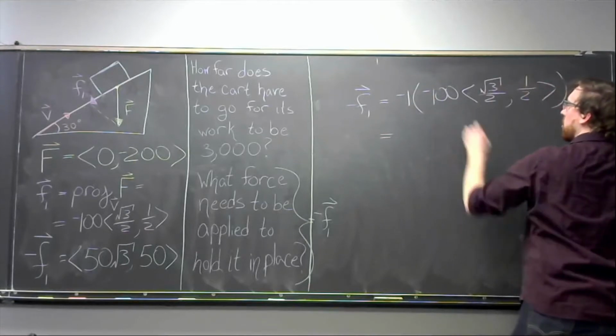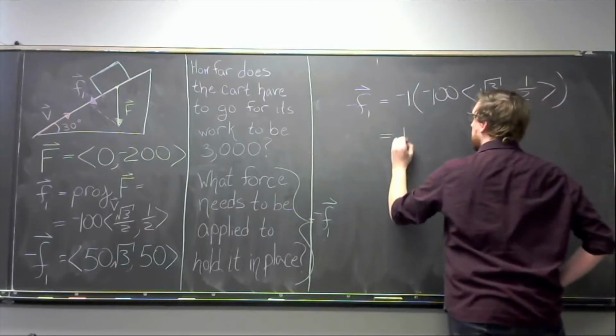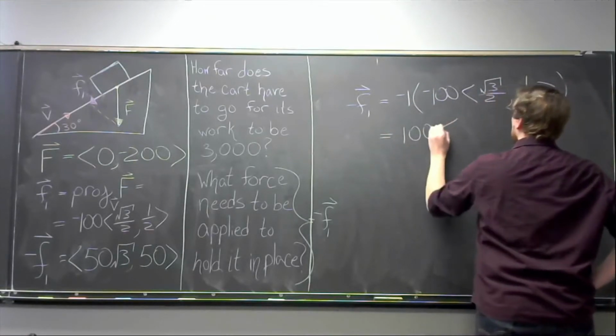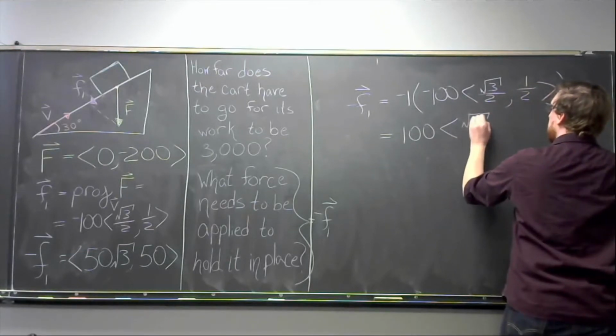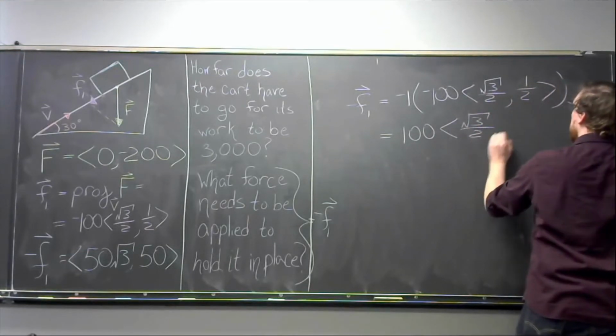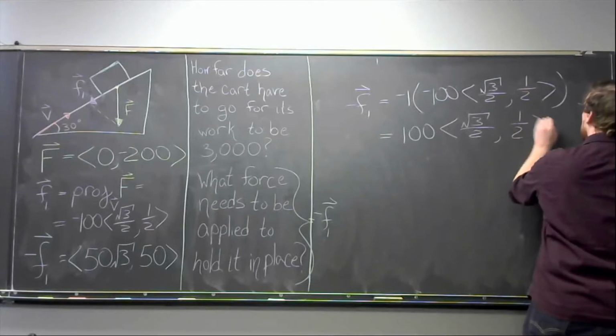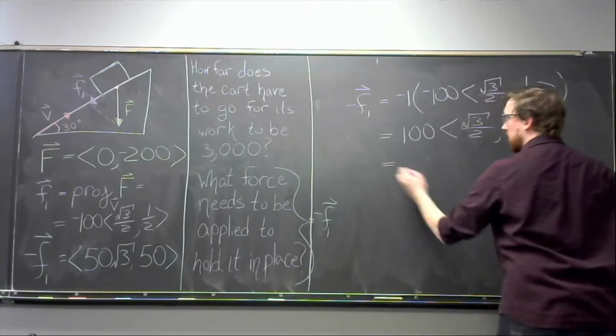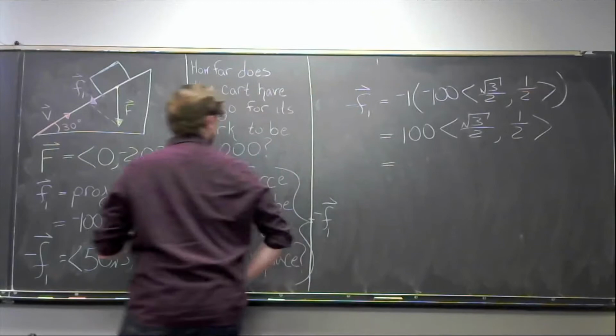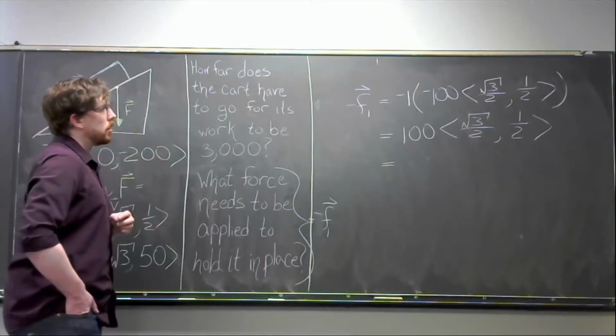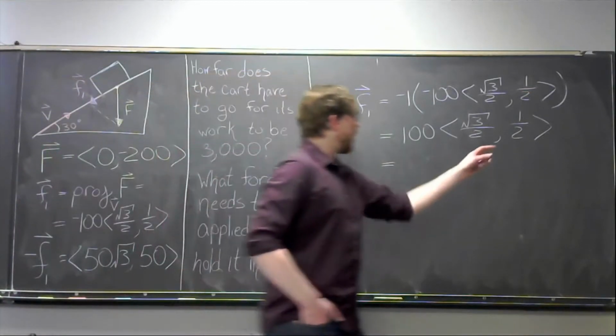Well, these negatives are going to cancel, so we have just 100 times the square root of 3 over 2, comma, 1/2. So now we're going to multiply that 100 through.